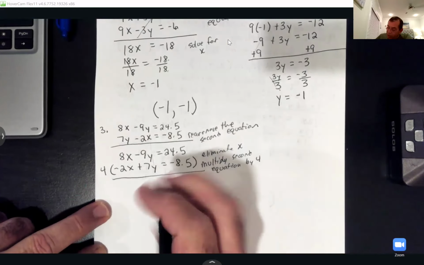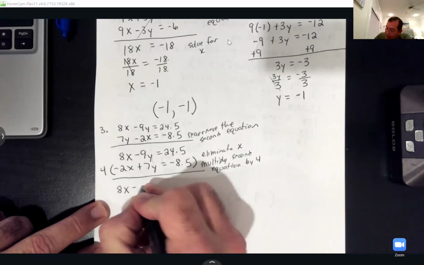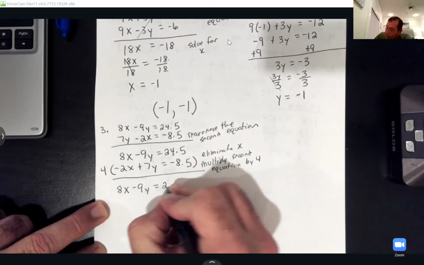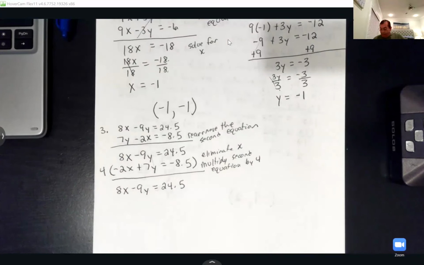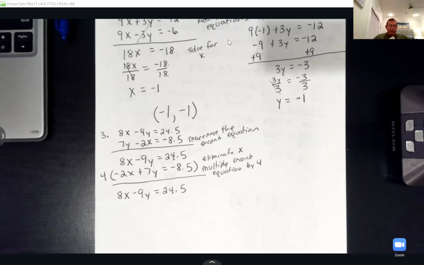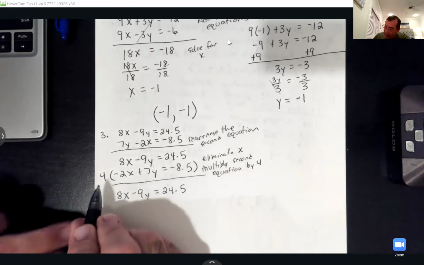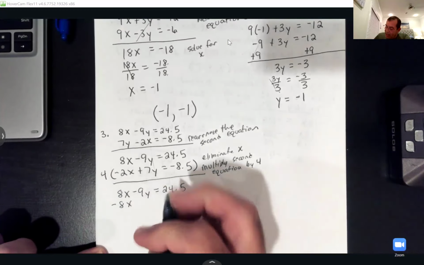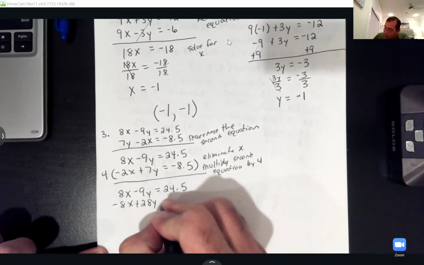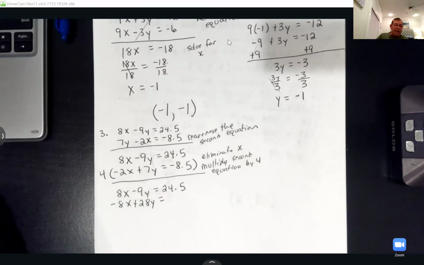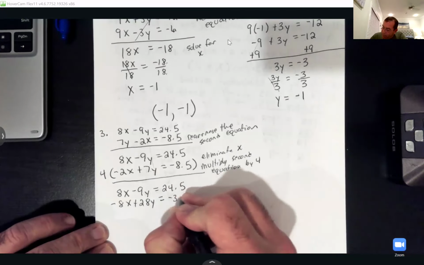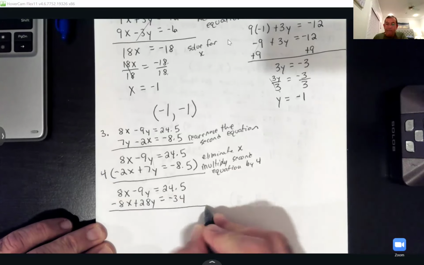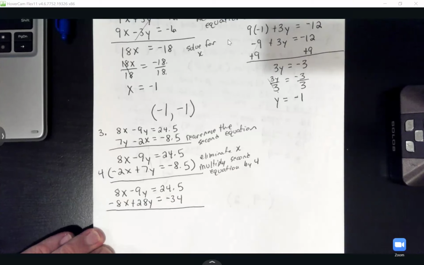The first equation will stay the same: 8x minus 9y equals 24.5. Now 4 times negative 2 gives me negative 8x. 4 times 7 gives me 28y. And 4 times negative 8.5 is negative 34.